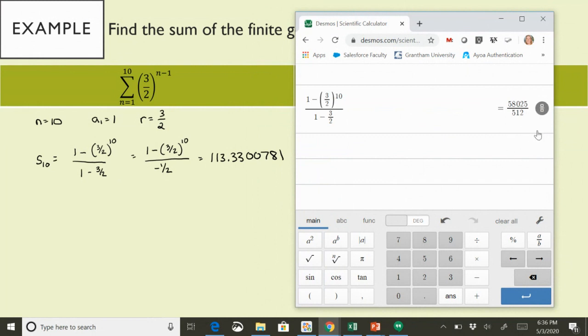And so that's what the sum comes out to as a fraction. That's handy. Yeah, I'm using my regular handheld calculator, but it can't do this. But Desmos does. And so I would definitely rely on Desmos for these things because otherwise you're just going to get nasty fractions and decimals and all that stuff.